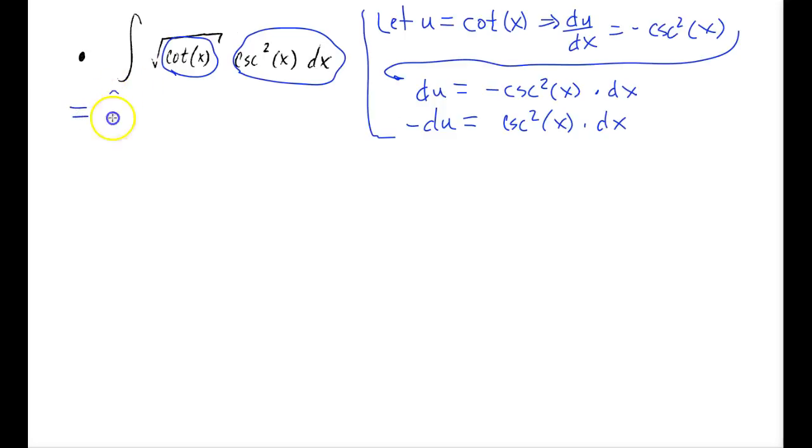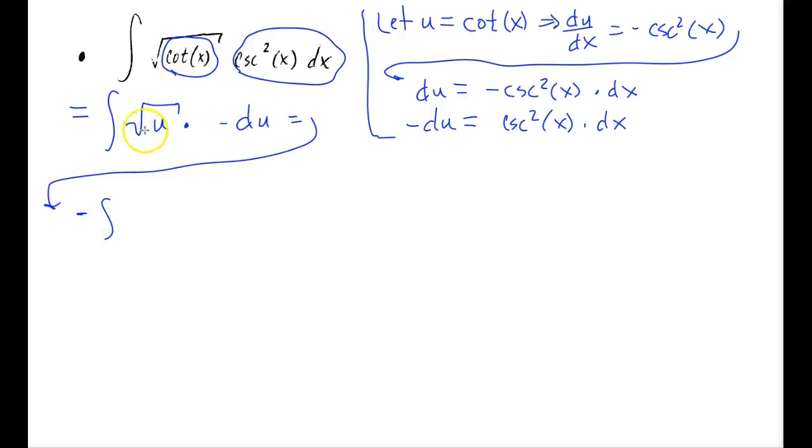We know that when we do our integral here, this is just going to be square root of u, and that's going to be times a negative du. And of course, the negative we will factor out. The square root we will write in fractional exponent form. And we have just a negative integral of u raised to the 1/2 du.